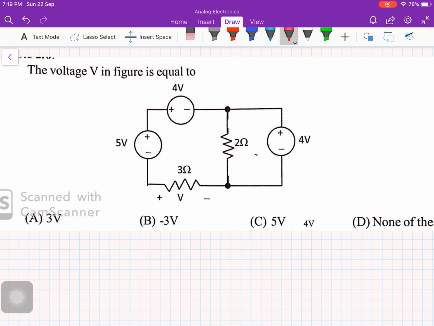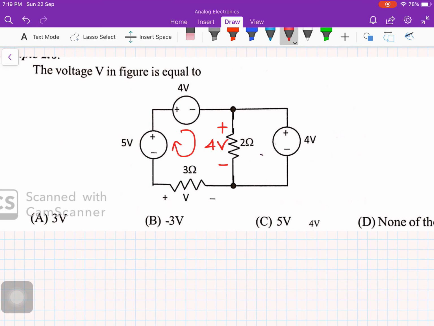To know this, you need to know KVL. Alright, when I see something connected in parallel here, these two nodes, they are in parallel. So the voltage which will appear across this resistor is 4 volts. Now I apply KVL across this loop, starting from here.